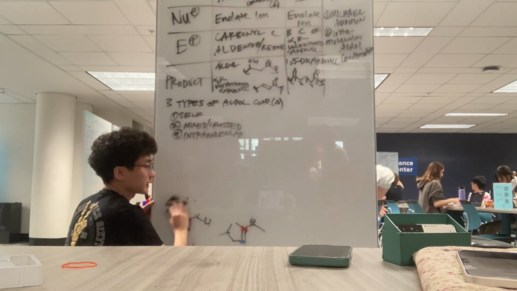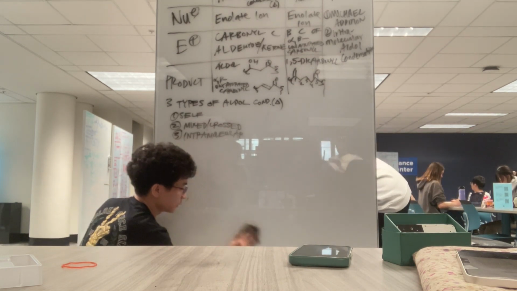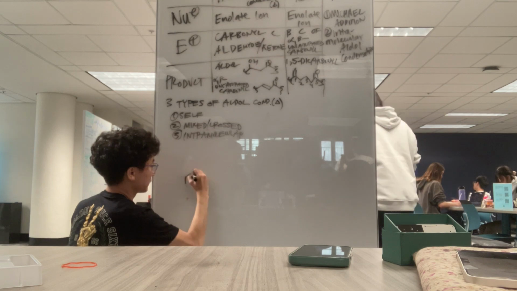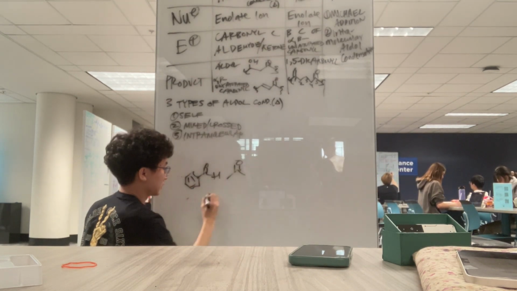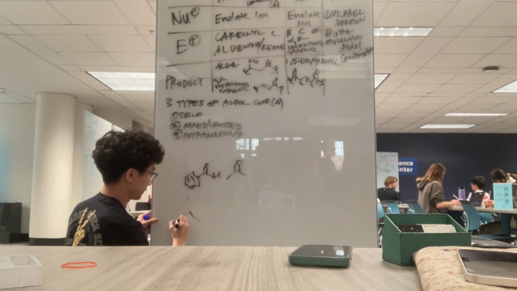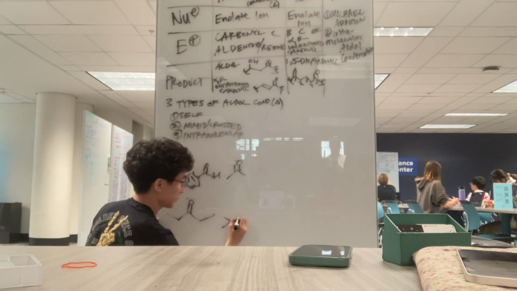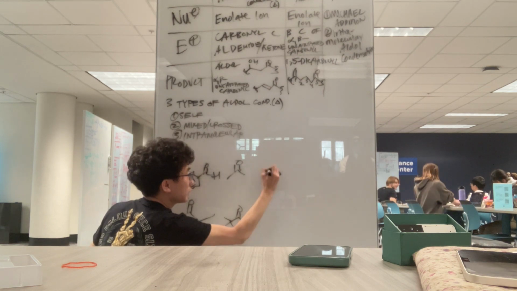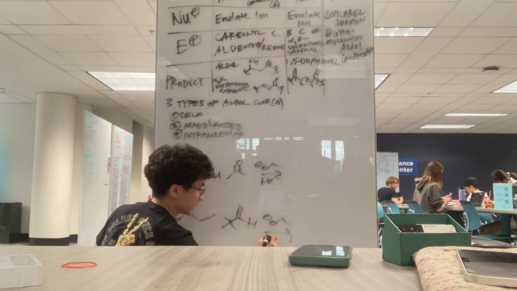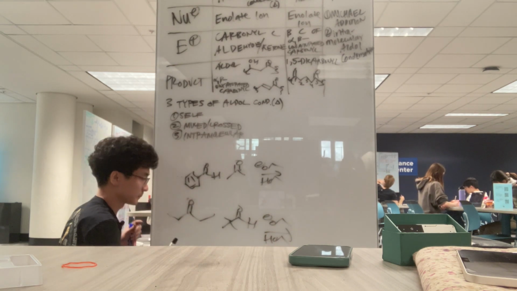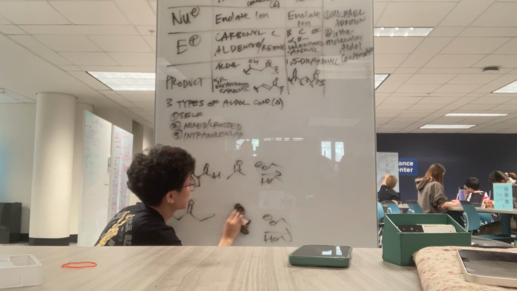I'm going to go over selective aldol now. So that's going to be something like this. This is selective aldol. So basically, when you add a reagent with no alpha protons, you have to reduce your possibilities with a mixed aldol reaction.